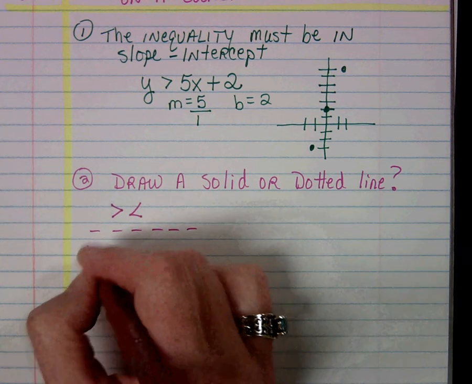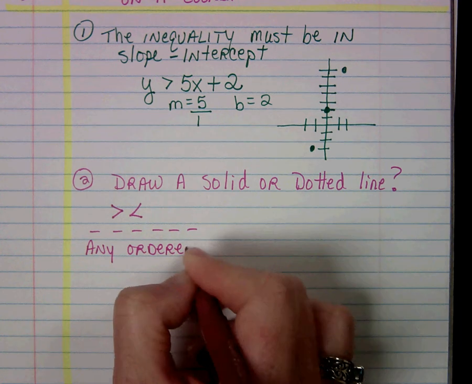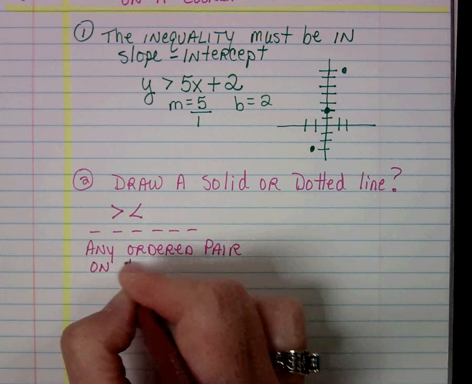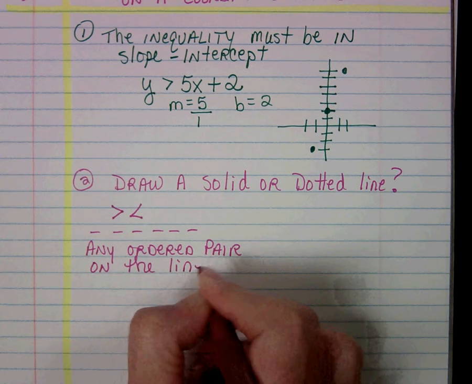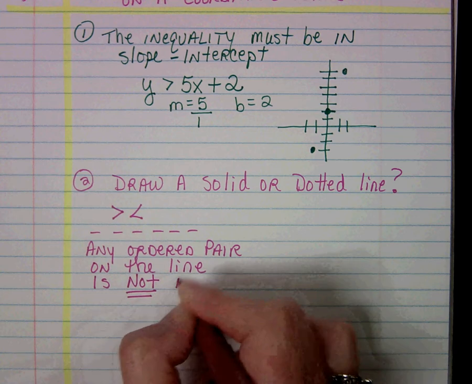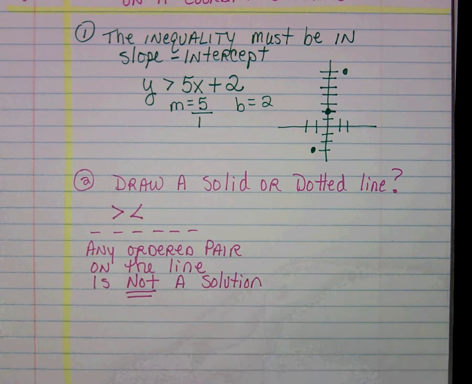And this means that any ordered pair on the line is not a solution. Just like when we put an open circle, we're not going to include those points as part of our solution.